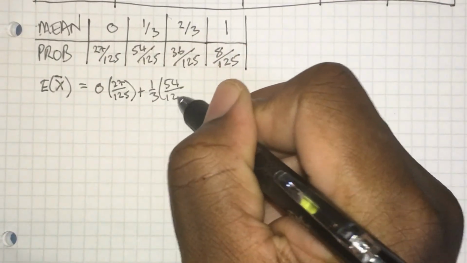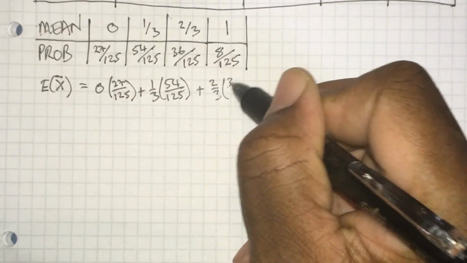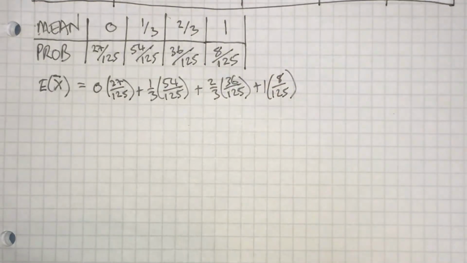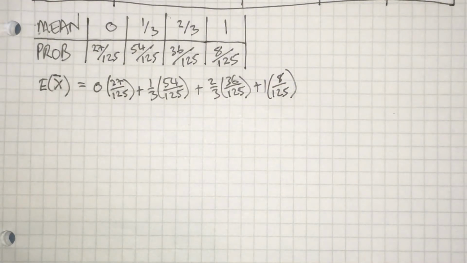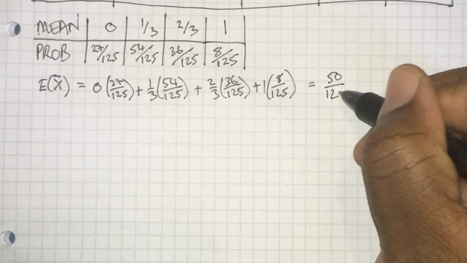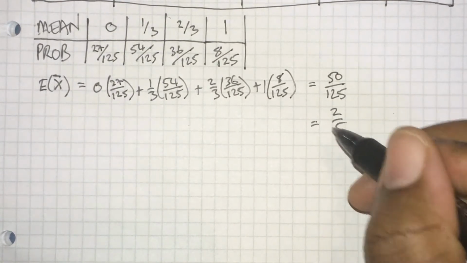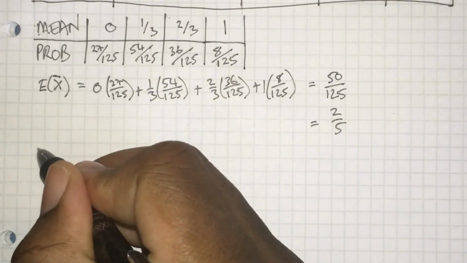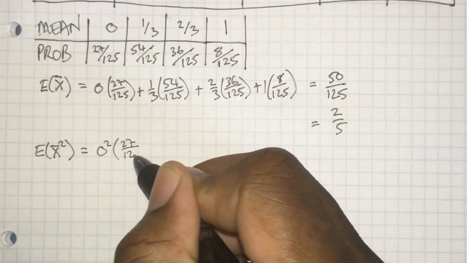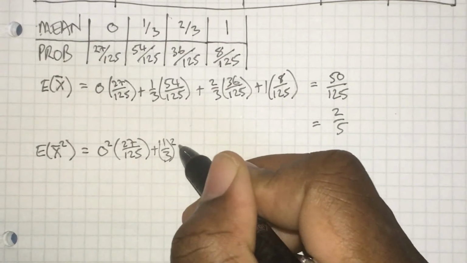Okay, so from here I can find the expectation of x bar, the expectation of the mean. And we use the same technique that we're used to using for discrete random variables. It's the outcome multiplied by the probability, and then we sum all of those products together. Okay, so the expectation of x bar is 2/5. Let's go ahead and find the variance as well in a similar way.